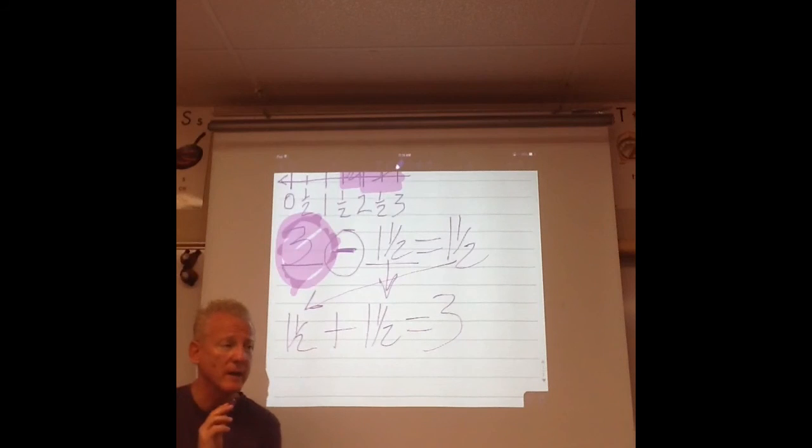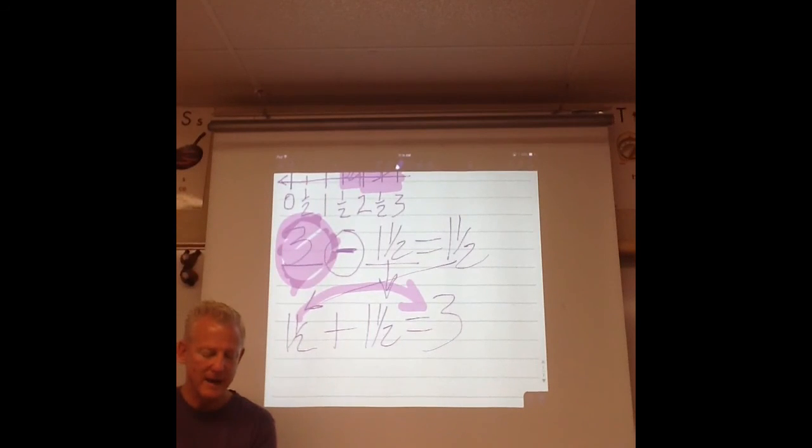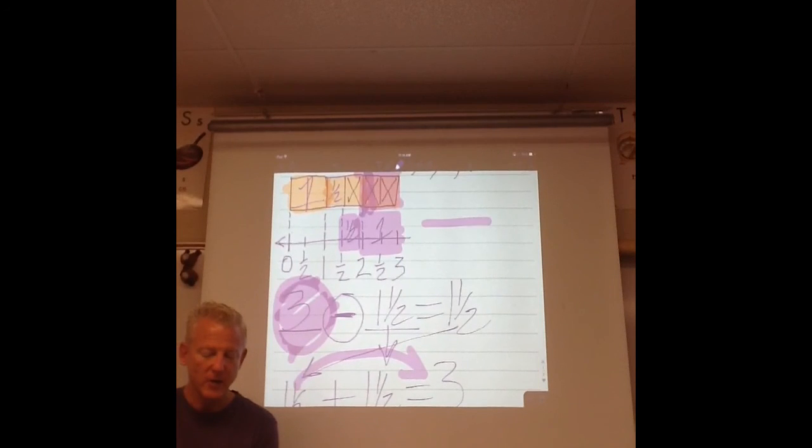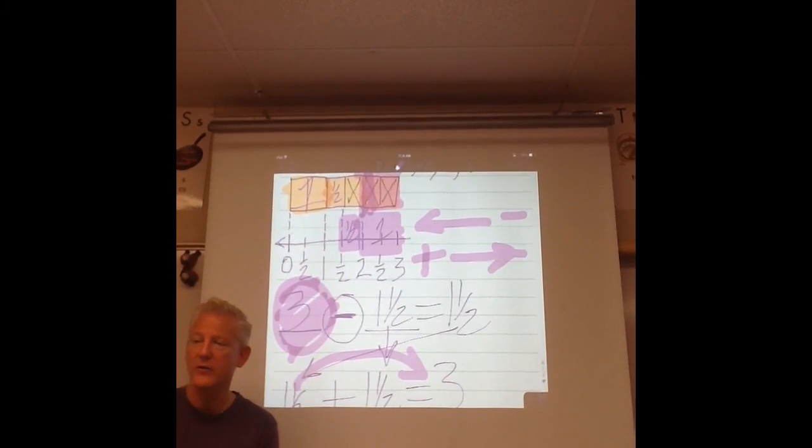Remember I told you the subtraction problem always starts with a total. In an addition problem, we end up with the total, right? So, on a number line, when we subtract, we go to the left, and when we add, we go to the right for our totals.